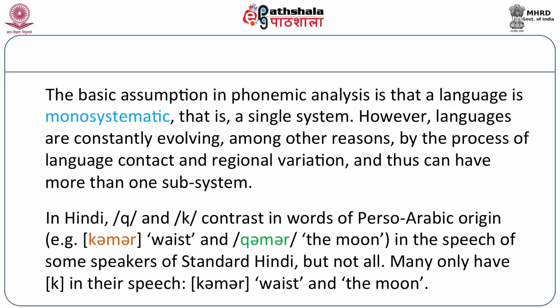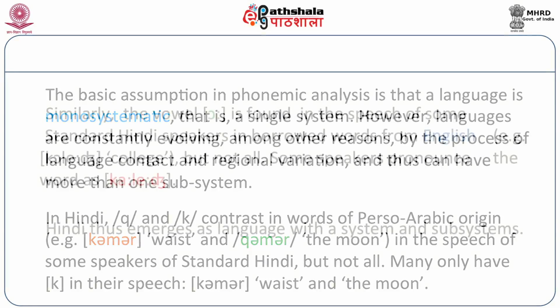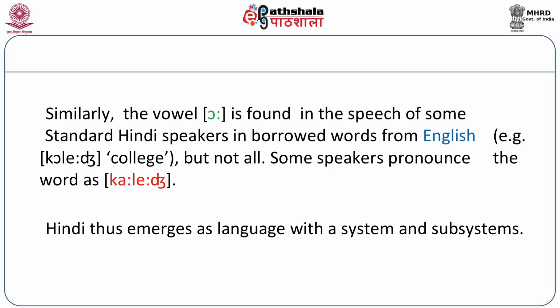Similarly, the vowel o as in ball freely varies in the speech of some speakers of Hindi. It is thus not quite possible to propose that ka is as much of a phoneme as, let us say, ka is, or a is as much of a phoneme as, for example, a is. Certainly they are phonemes, but there seems to be a difference in the way these sounds function in the language.